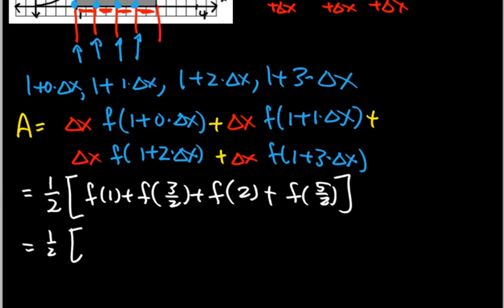So f of 1 is 1, f of 3 over 2 is 3 over 2 squared, so 9 over 4, plus 2 squared is 4, plus 5 over 2 squared is 25 over 4. So 1 is the same as 4 over 4, 4 is the same as 16 over 4, so we're just going to add those together.